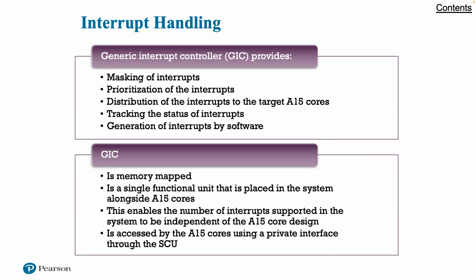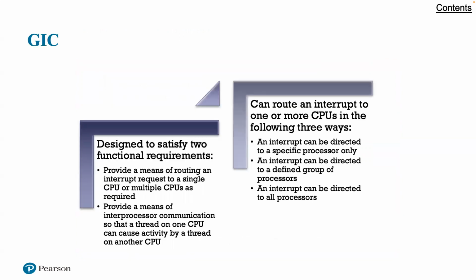The GIC is memory mapped, that is, control registers for the GIC are defined relative to a main memory base address. The GIC is accessed by the A15 cores using a private interface through the SCU. So the GIC is designed to satisfy 2 functional requirements.